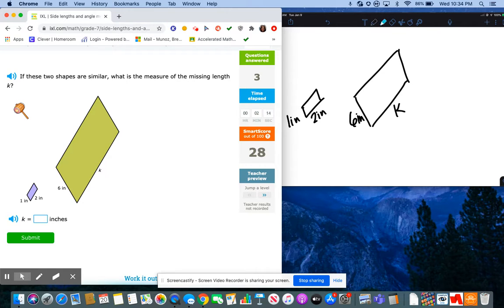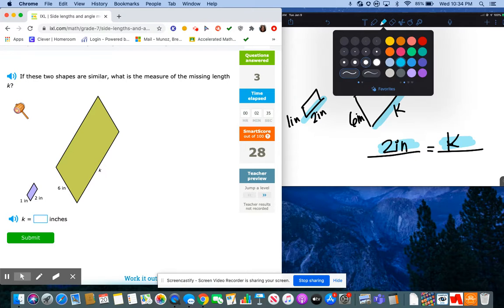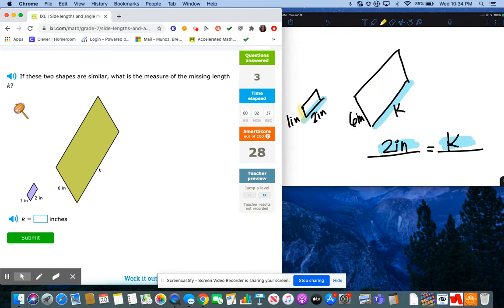So here I go, K is corresponding to 2, like the longest side is corresponding to the longest side, right? So 2 inches is corresponding to K. And then, all right, let me see. This one, 1 inch, is corresponding to 6.